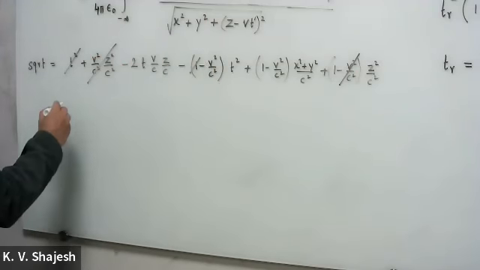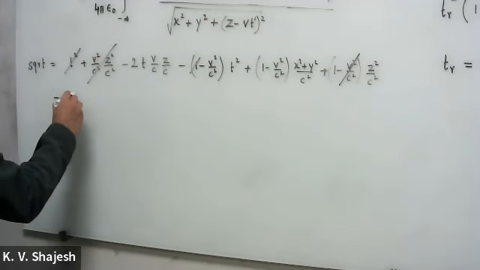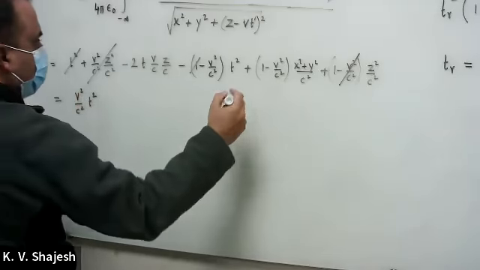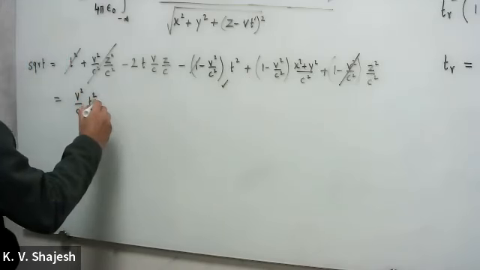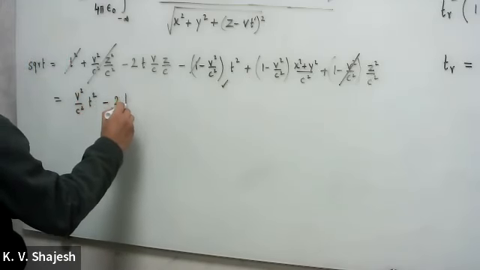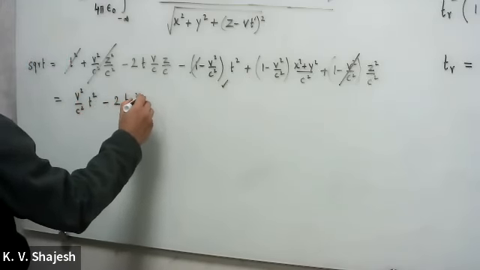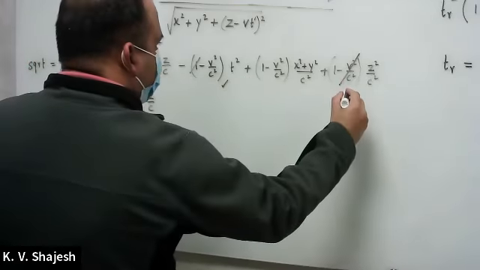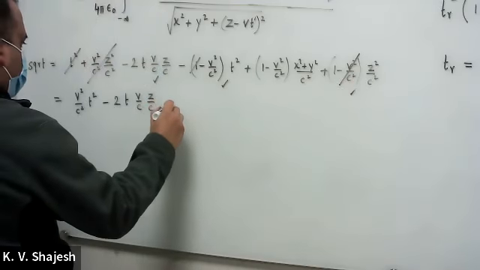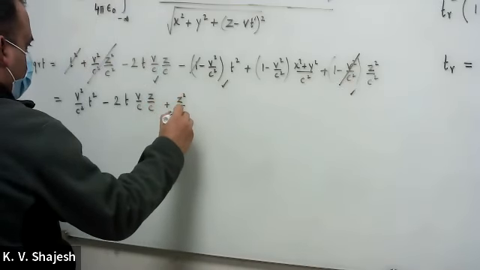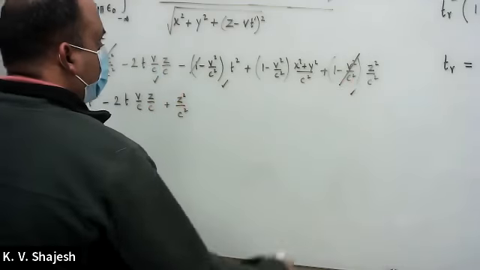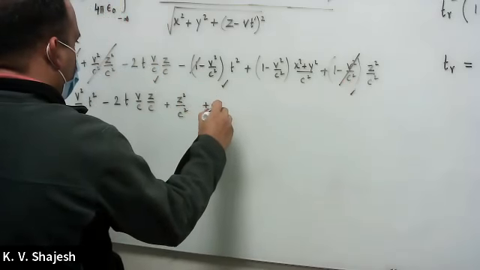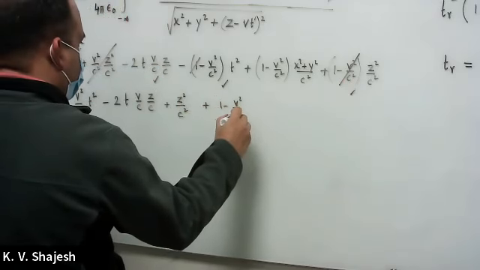Here I have v squared over c squared times t squared, that's this term, and I have minus 2 times t v over c times z over c. And let me collect this plus v squared over c squared. Basically, processing this out, whatever is remaining is plus 1 minus v squared.